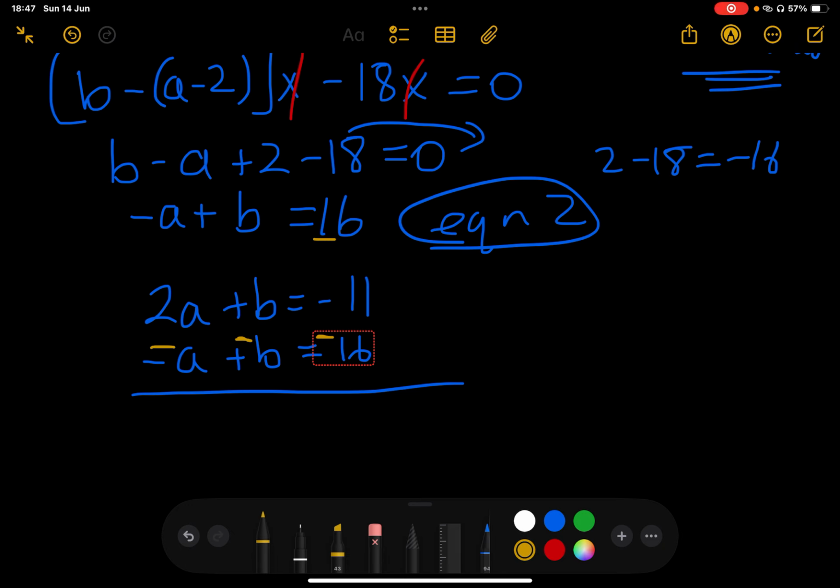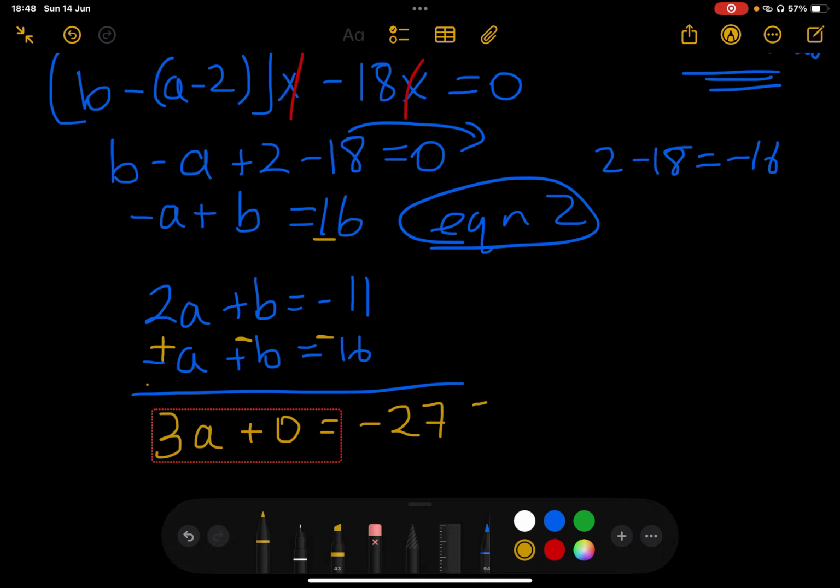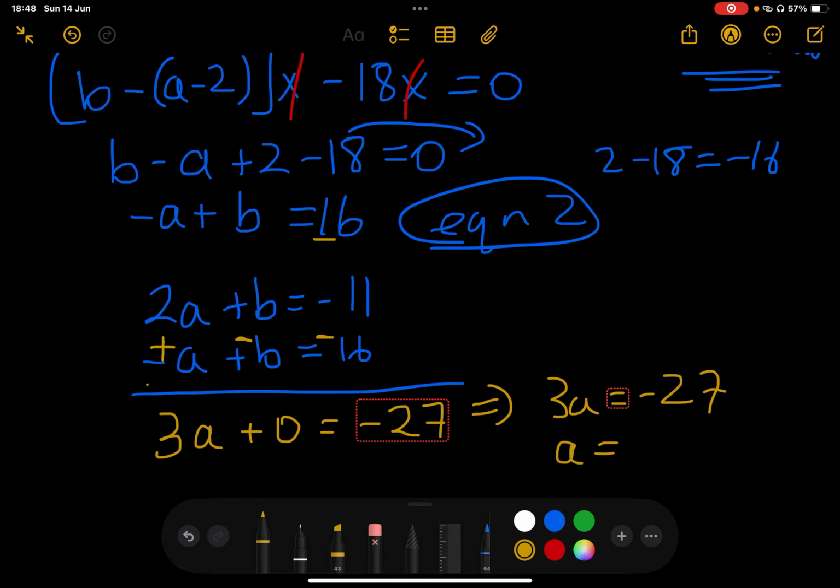So, oh, minus times minus will make this a plus, right? So we have 2a plus a is 3a, b minus b is 0, minus 11 minus 16 will be minus 27. So we have 3a is minus 27, and so when we divide by 3, we'll get minus 9.